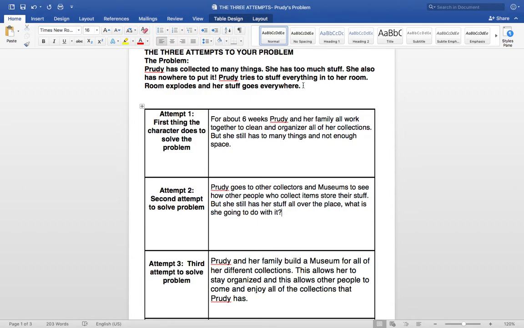She doesn't have enough space for all of her collections. So the problem that needs to be solved is, what are we going to do about finding Prudy's space to organize her things? So in our first and second attempt, we haven't found it, we haven't solved the problem, but by our third attempt, we do.